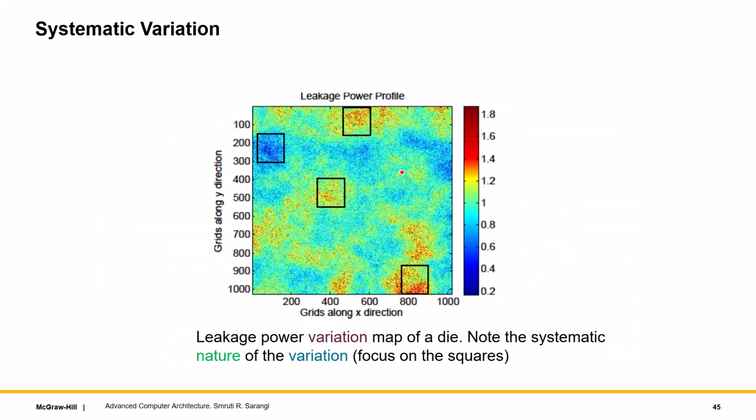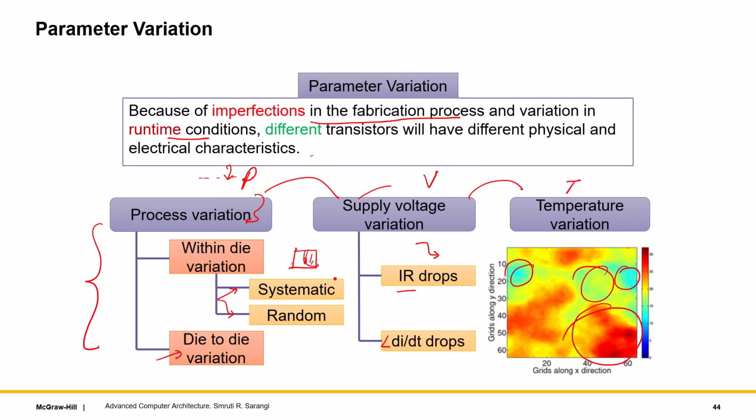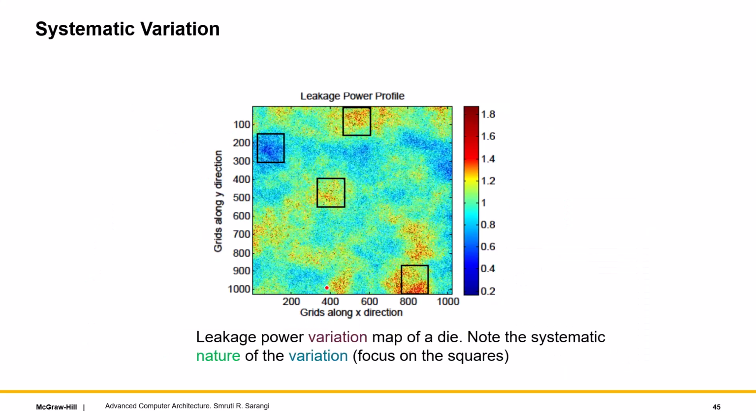So if you look at systematic variation, which was this component of the process variation, this is a graph that we generated. We divided a chip into a million grid points, and we have the leakage power variation map in arbitrary units. So you can see systematic regions of, let's say, low leakage power, high leakage power.